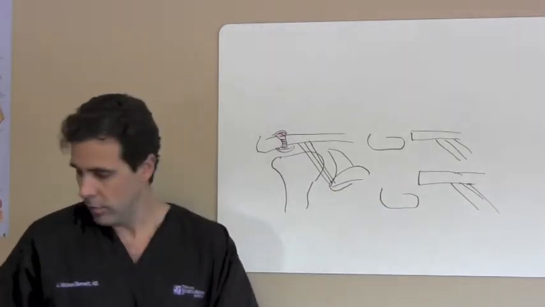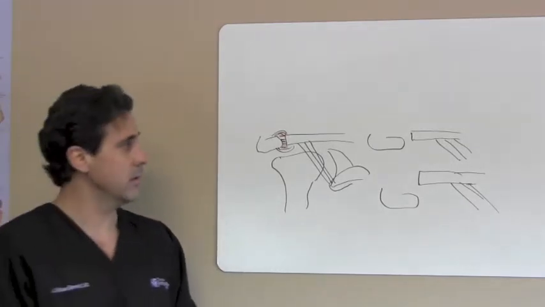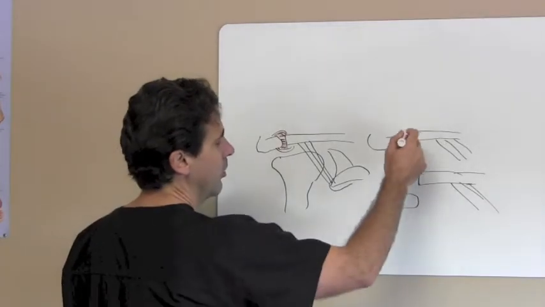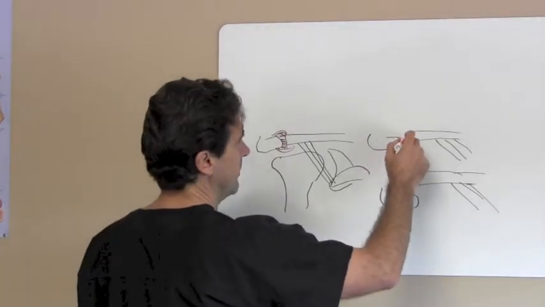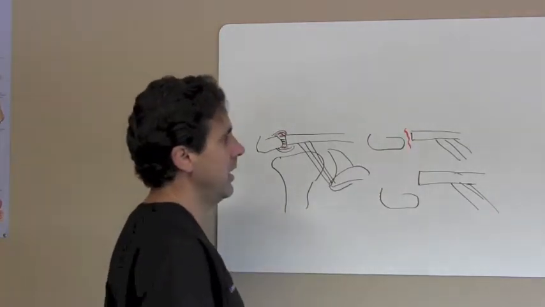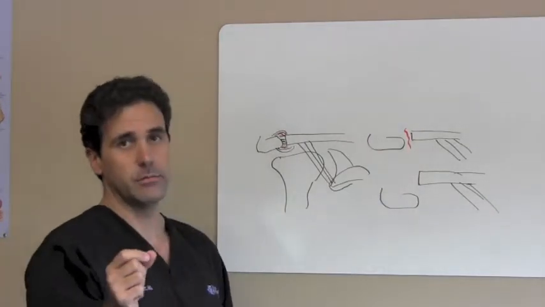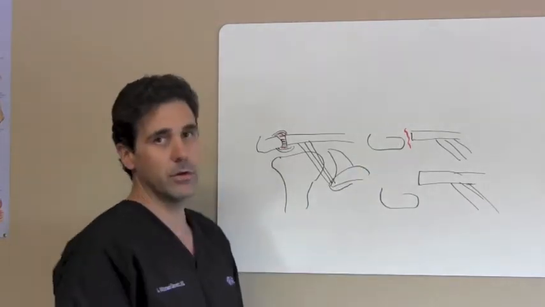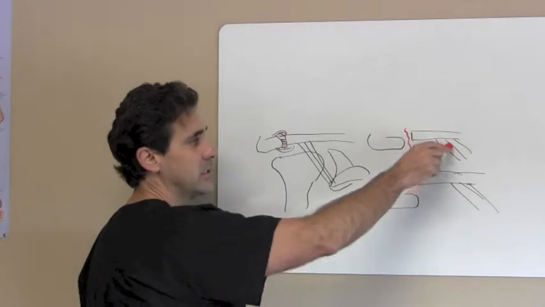So going on to the next set here, if you have a disruption of part of these, like for instance, you have a disruption of these ligaments here, you have a little bit of a separation now, okay? This is more like a sprain. Now you got a disruption of your acromioclavicular ligaments, but these are still intact.